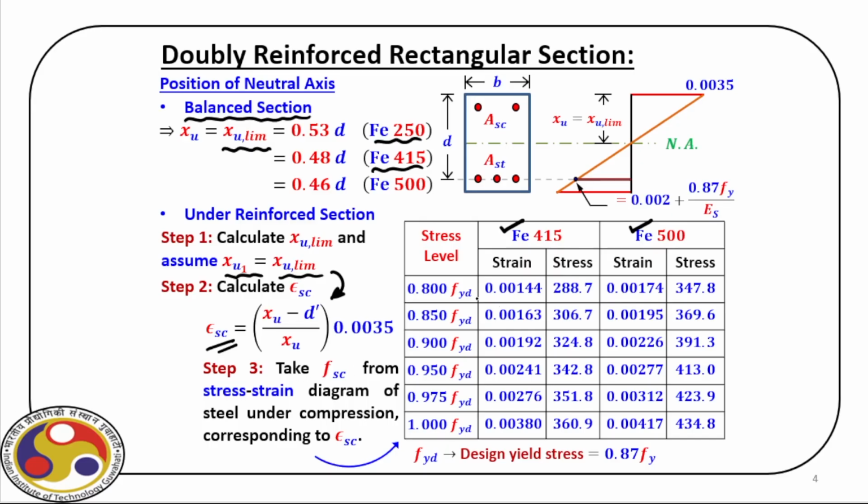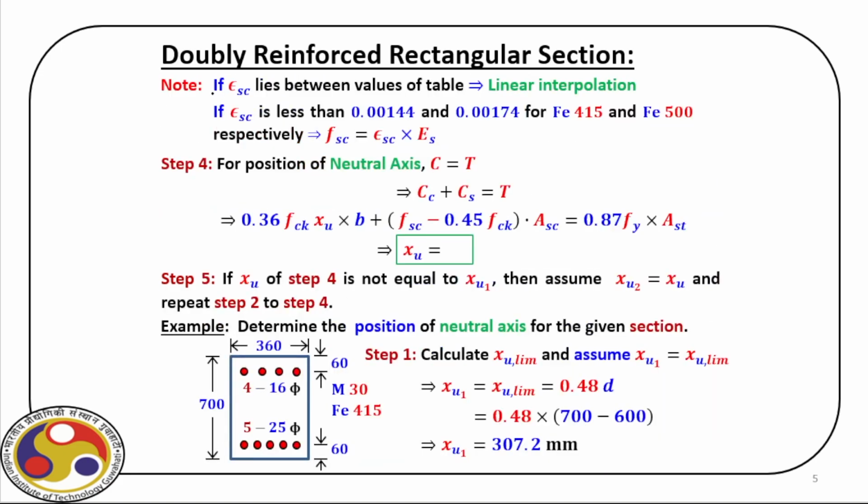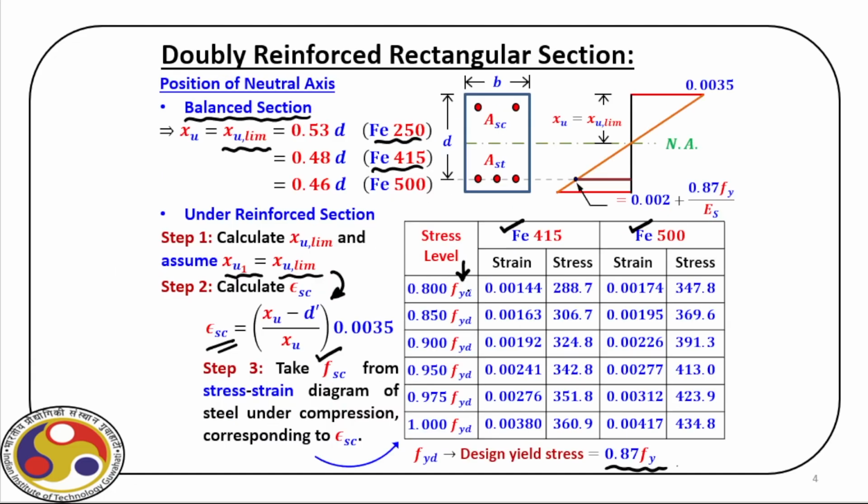So we use this chart. From this chart, we find FSC using interpolation. In this chart, FYD is the design yield stress, which is 0.87 Fy. Now, if epsilon SC, the strain in the compression steel, lies between the values given in this table, then we go for linear interpolation, as usual.